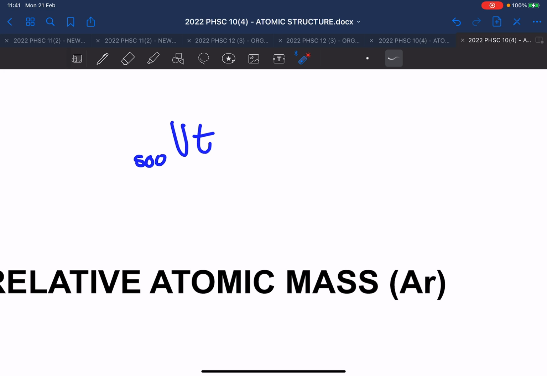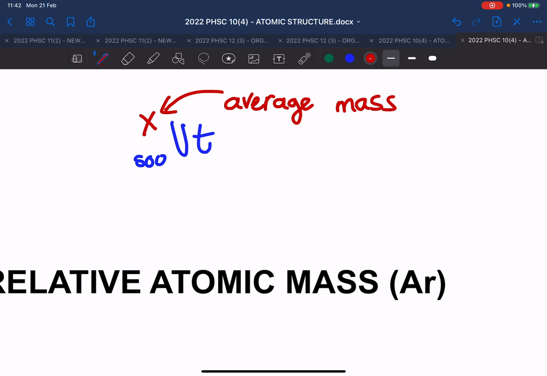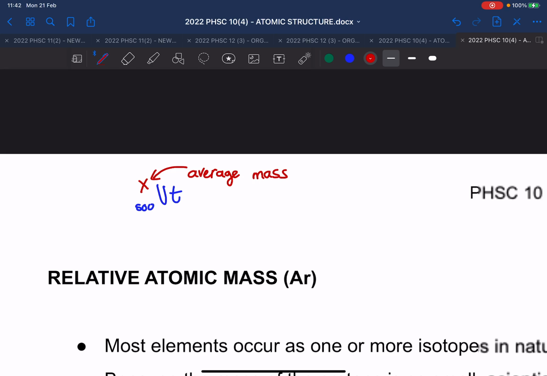Are you with me? So this here that we find there is the average mass. We call it the relative atomic mass.